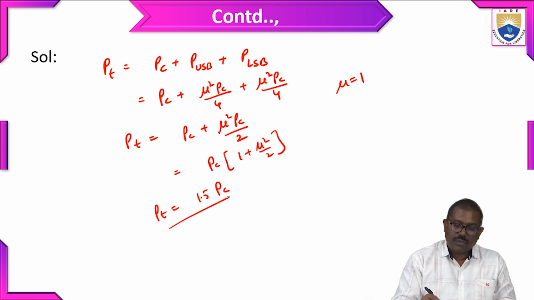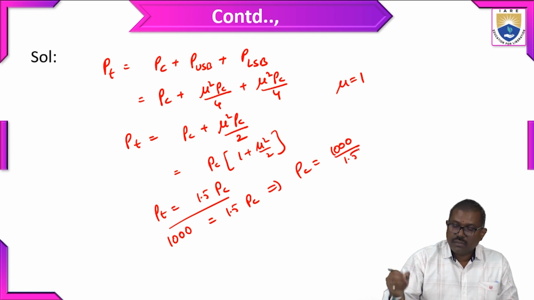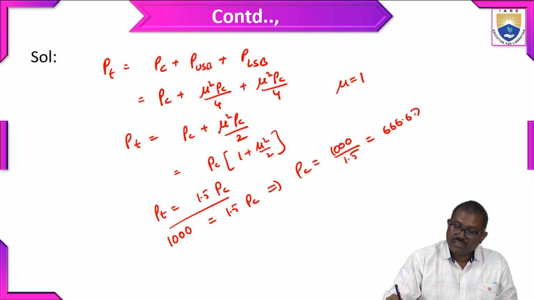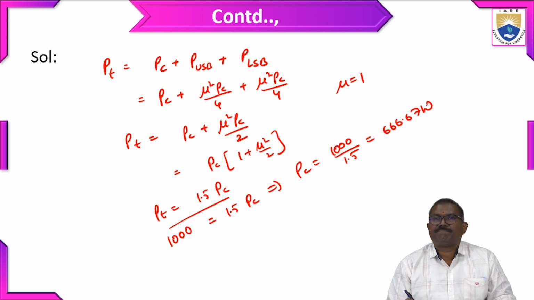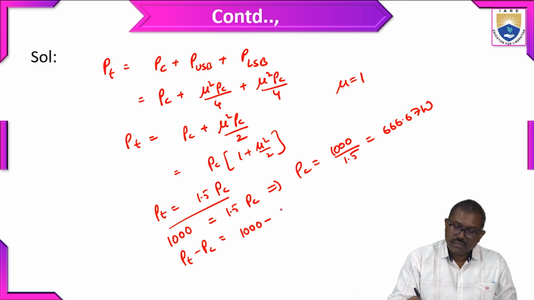So now what is the total power? Total power is 1000 watts. So 1000 watts is equal to 1.5 PC. But I require PC. So 1000 divided by 1.5 gives 666.67 watts. Okay. Now PT minus PC, that is equal to 1000 minus 666.67.